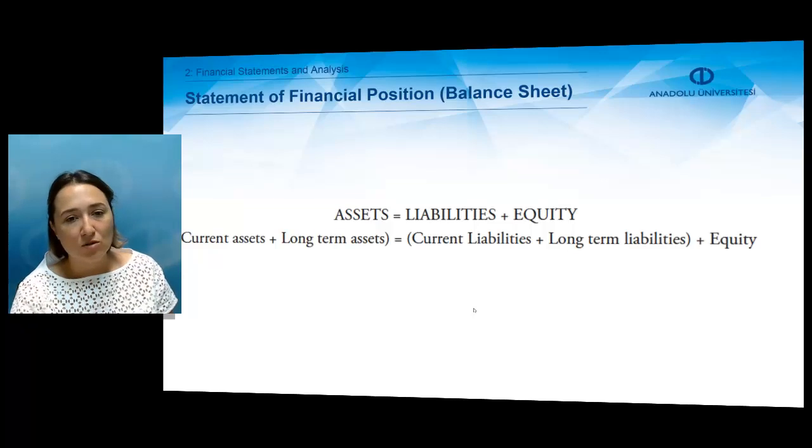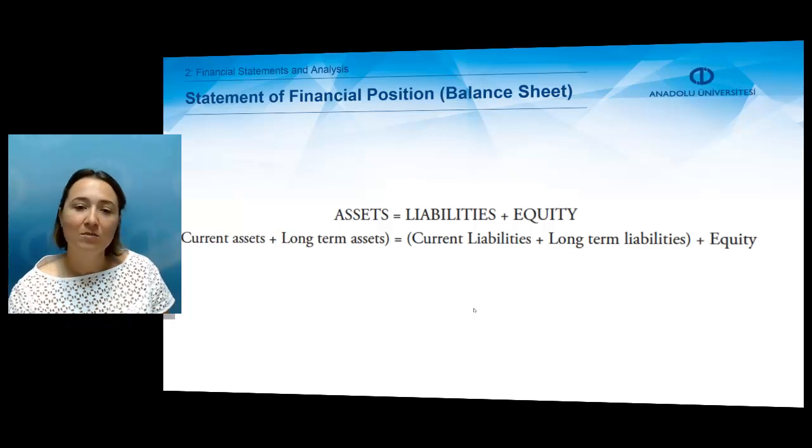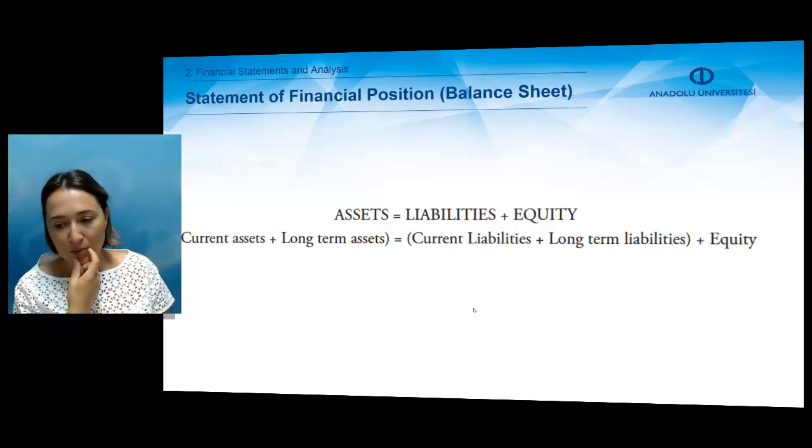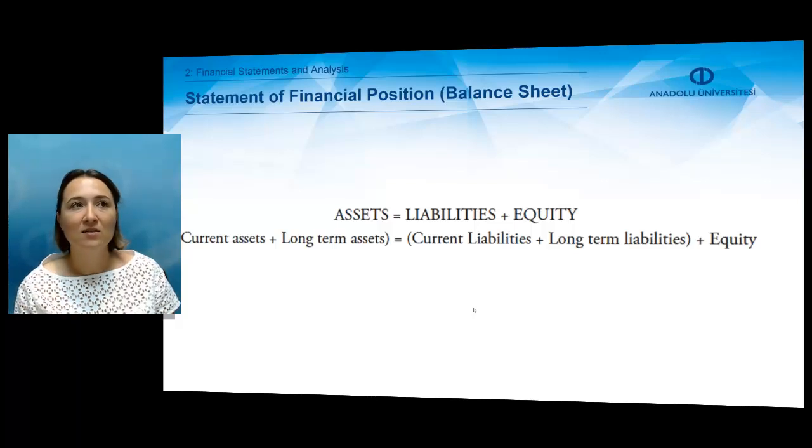And one more thing to remind you from the chapter: in a balance sheet, these asset items and liability items are listed according to their liquidity. Liquidity is a term explaining the time period in which assets can be converted into cash.